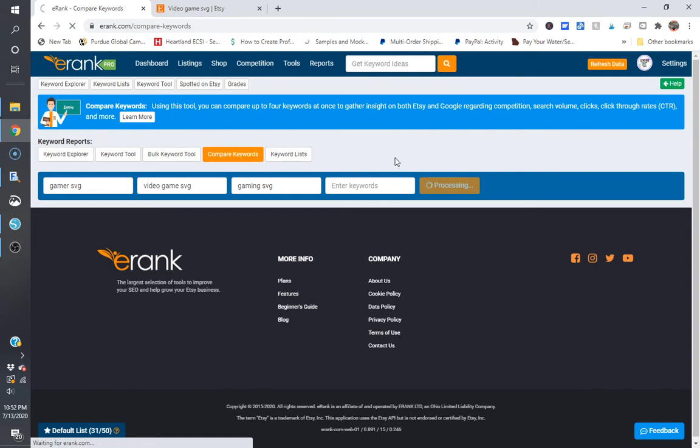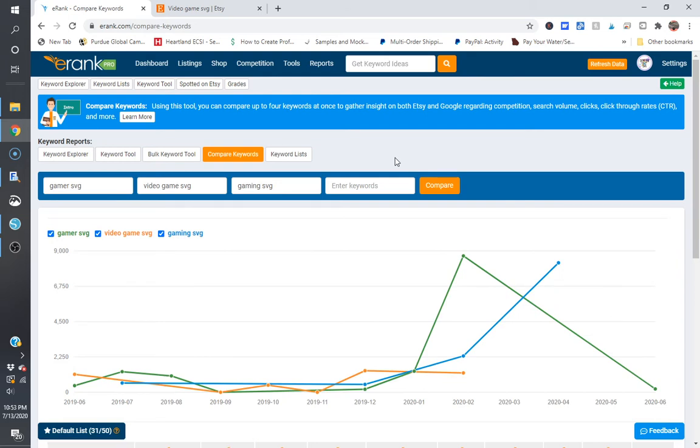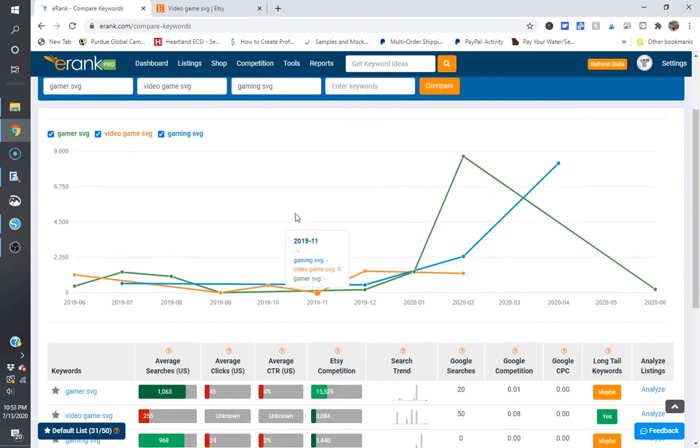I don't know if it's my internet or if eRank is really just looking at this much data. Here we go. So it's going to show you a graph of all of the information as far as searches go over months. Okay.